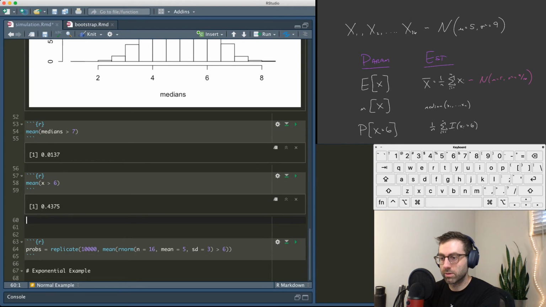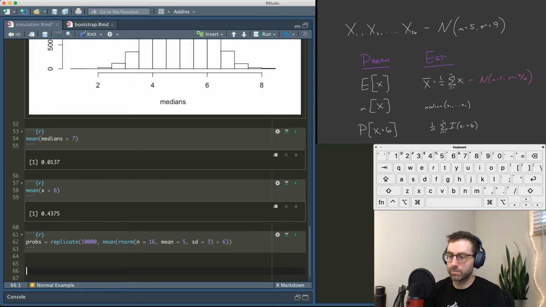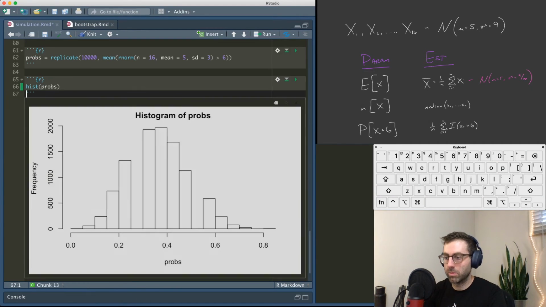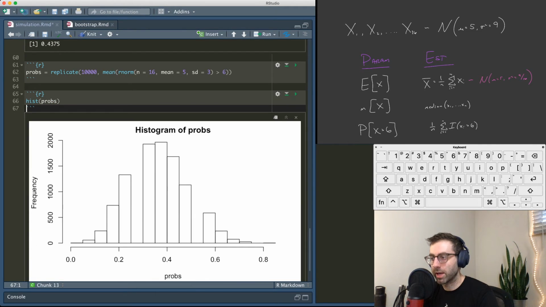We can get rid of this. Okay, so this is roughly what that distribution looks like. We see some weird little things here, but it's roughly normal, with some weird gaps.